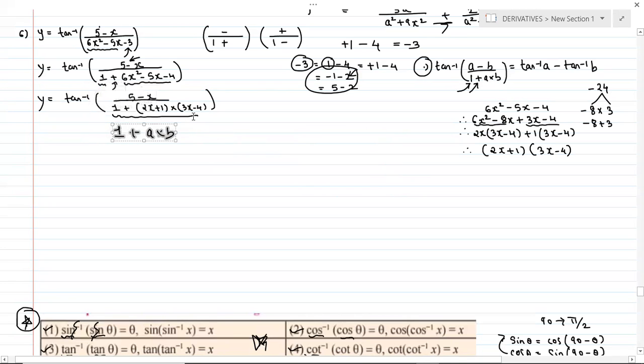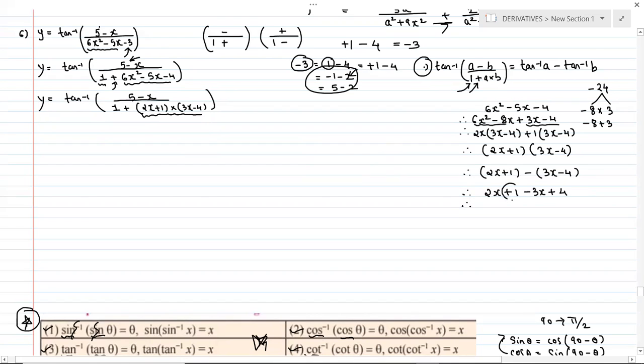Now we'll check whether we are getting this answer or not. Which part? These two sections. Okay, let's see when you subtract these two sections, 2x plus 1 bracket open, minus 3x plus 4.